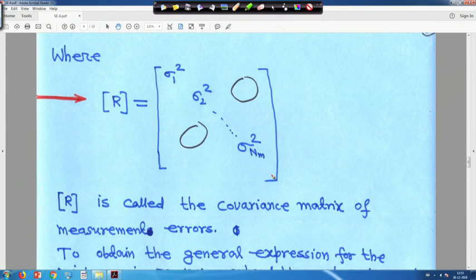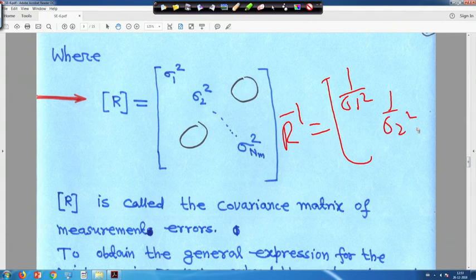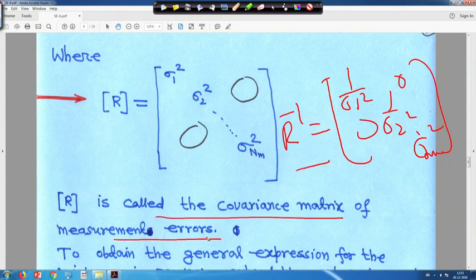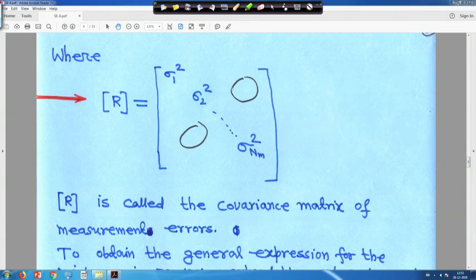So, we are writing R inverse as 1 upon sigma 1 square, 1 upon sigma 2 square, up to sigma n m square, this is 0, this is 0. So, R is called the covariance matrix of measurement error, right. So, here we have taken like this.